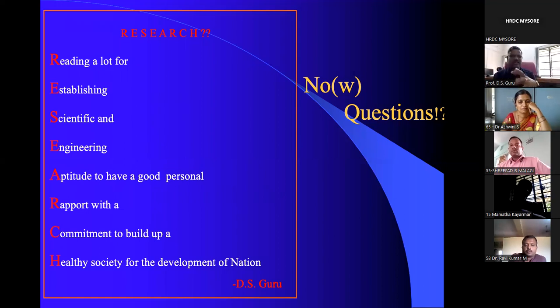Something which gets created is because of science. Something which gets made is called engineering. Even history is created by somebody and made available, and that is what is called scientific and engineering. Everything has two components. So, establishing scientific and engineering aptitude in me so that I become a good personality.